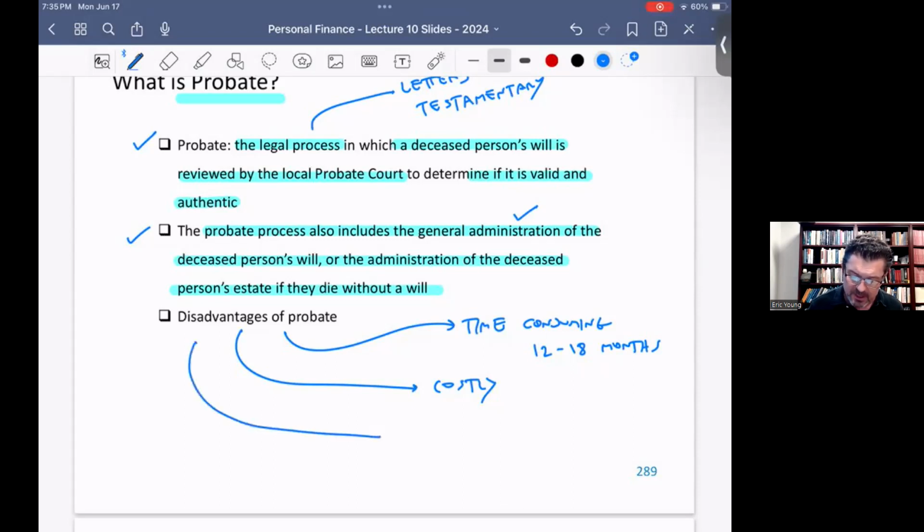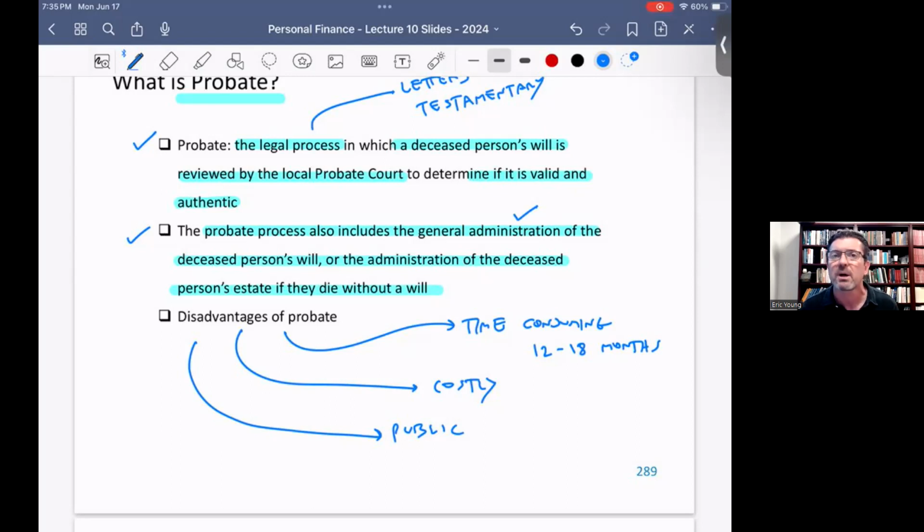And then the third disadvantage of probate is that it's public. As soon as your will is filed in a probate court to begin the probate process, your will becomes a public document, and anybody can have access to your will and read it. And that would trigger knowledge of how much money you left and where the money goes to and family stuff.